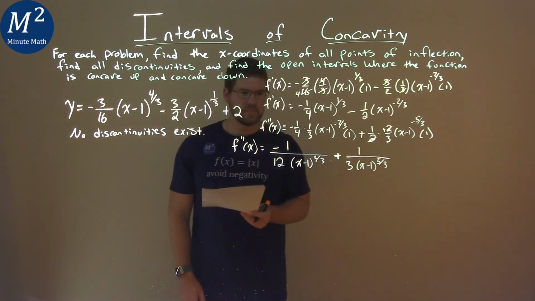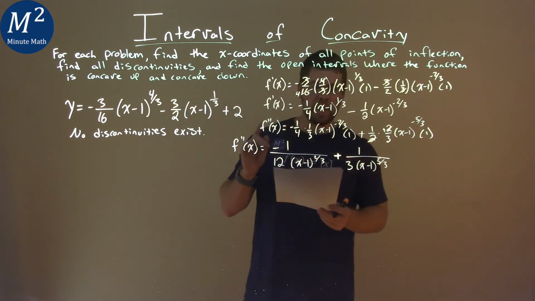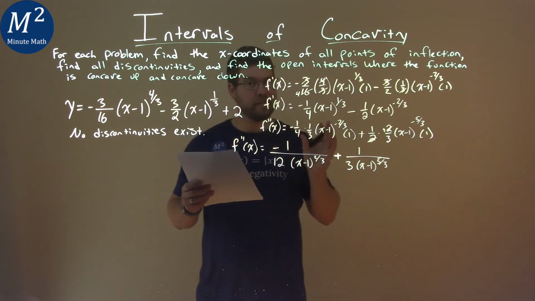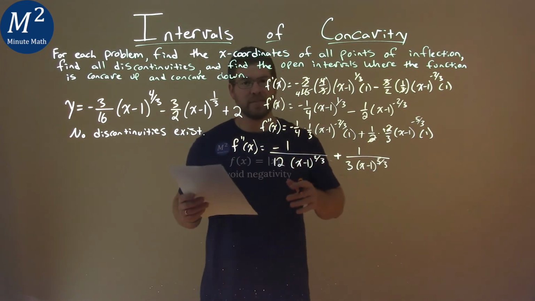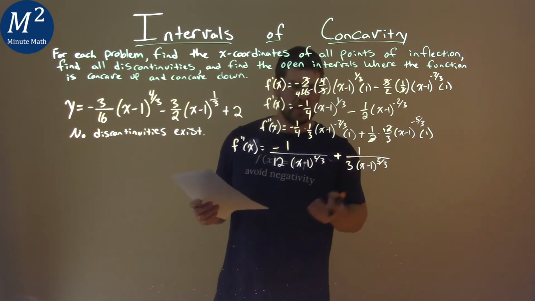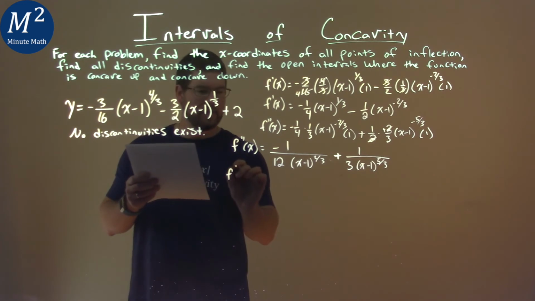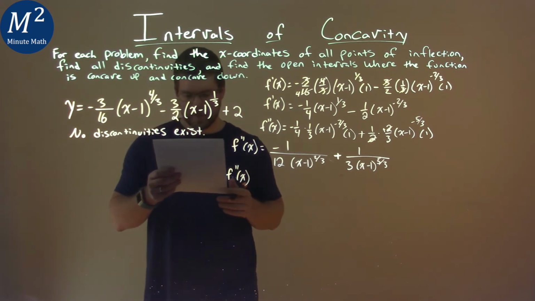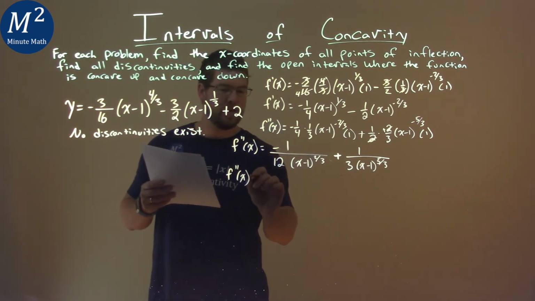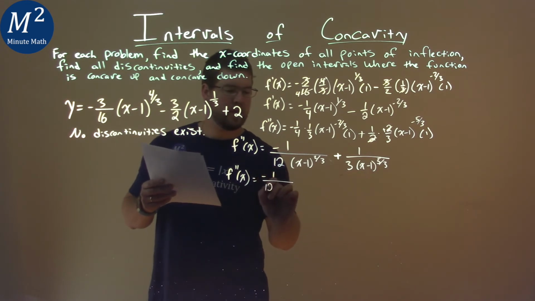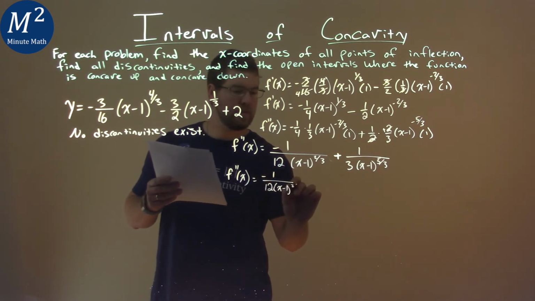Okay. So what can we do here? Well, I want to combine this to be one fraction, okay? And just like any fractions, we're going to do the same process. It's just a little more difficult. We have to find a common denominator. So I take my f double prime of x. I'm going to rewrite this function, but give myself a little space here. Equals a negative 1 over 12, x minus 1 to the 2/3 power.